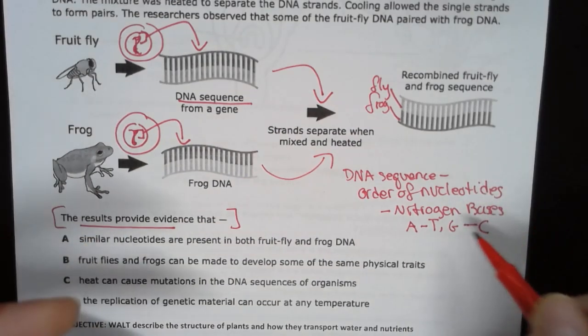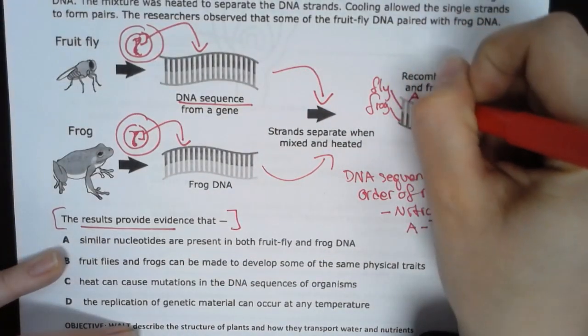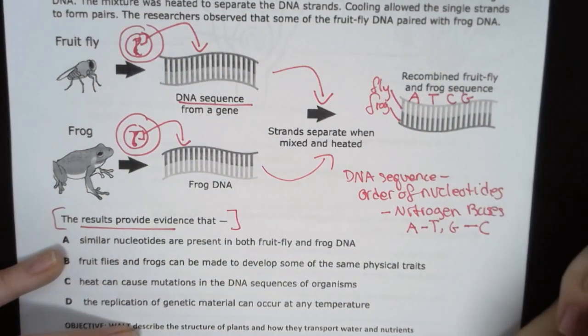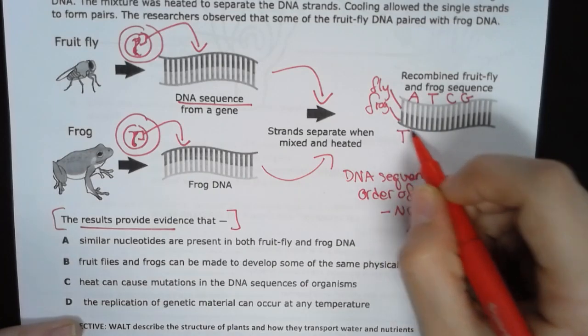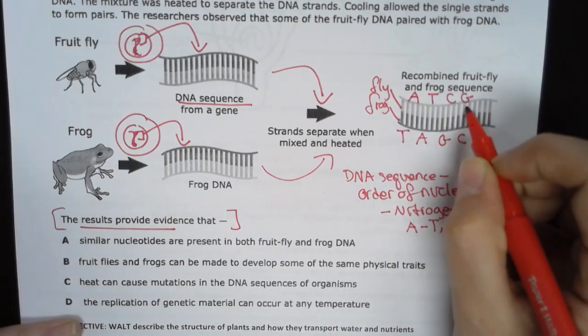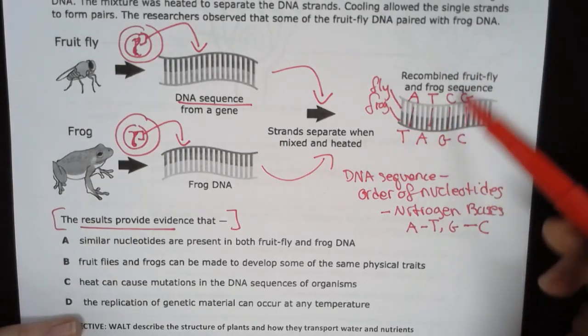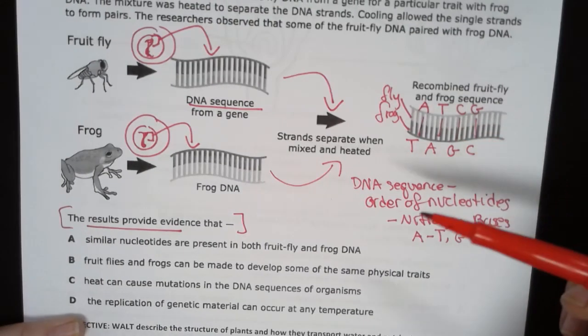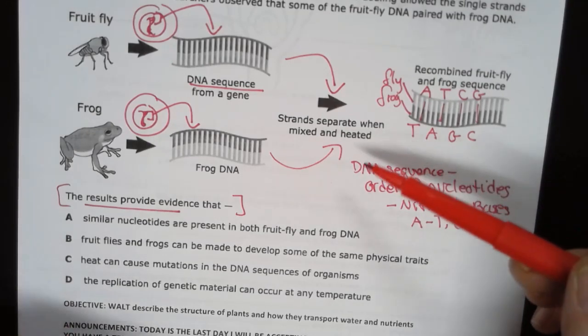So what's possible that happened here is that, let's say the fly had a sequence of A, T, C, G, and the frog had somewhere on this gene sequence T, A, G, C. It made it possible to combine because they have these similar components. By components, I mean they have these similar nitrogen bases or nucleotides of DNA.